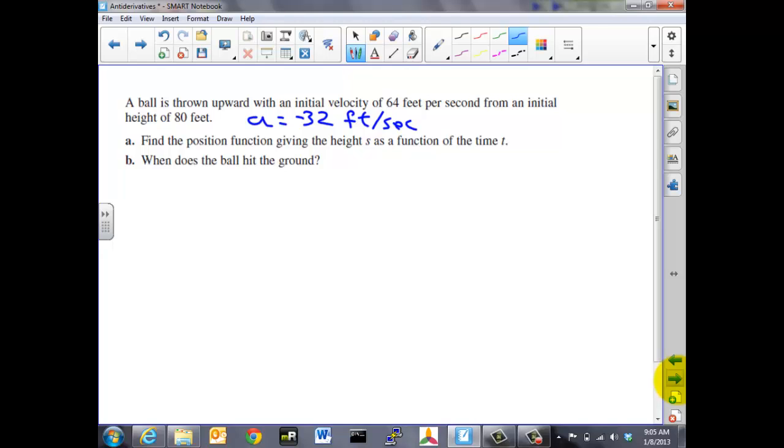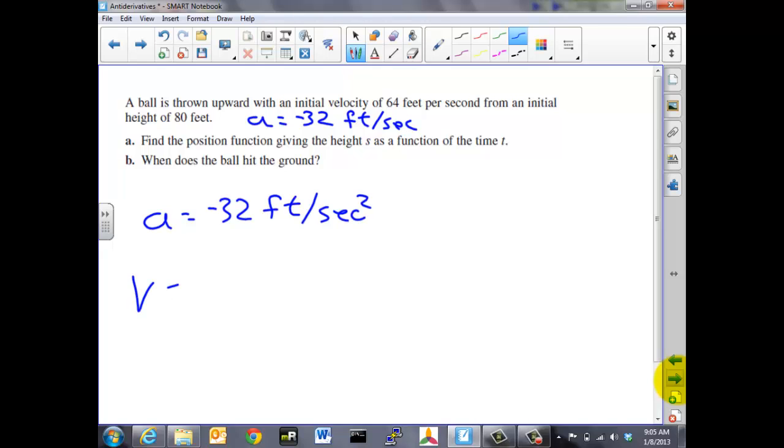If you're up in the air, gravity is going to pull you down at a force of -32 feet per second. That means if you're 32 feet above the ground and nothing's holding you, in 1 second you're going to hit the ground. Okay?